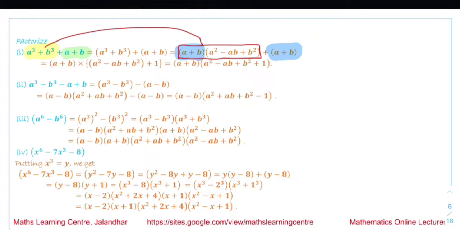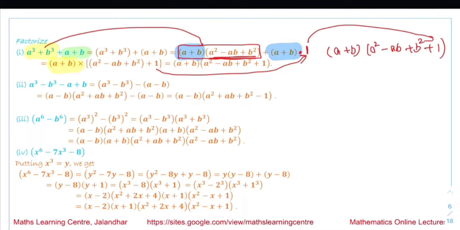So we take a plus b common, and what we are left with is a square minus ab plus b square, and over here it is into 1. So the final answer you will get is (a plus b) into (a square minus ab plus b square plus 1).